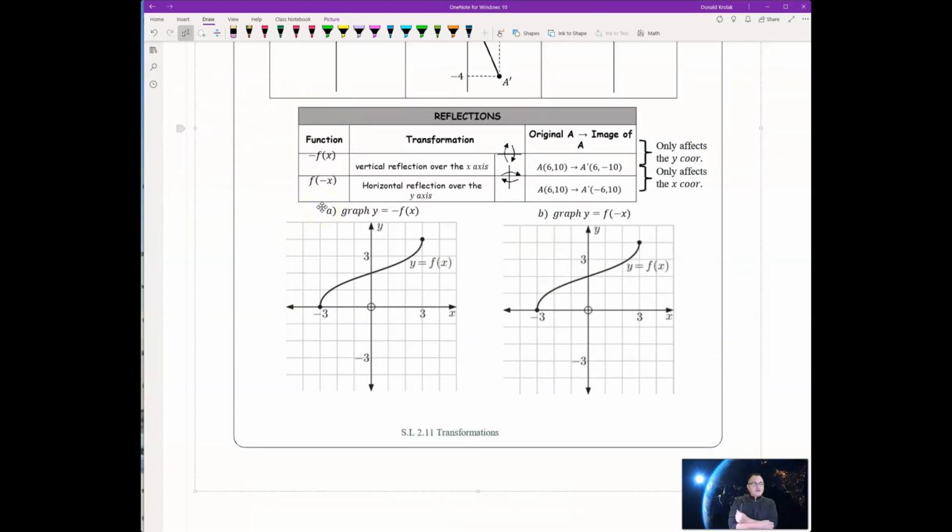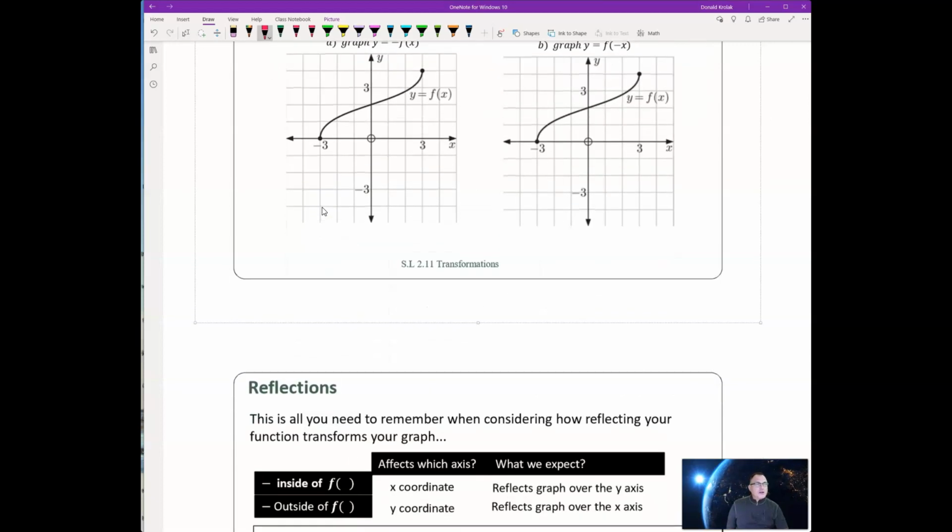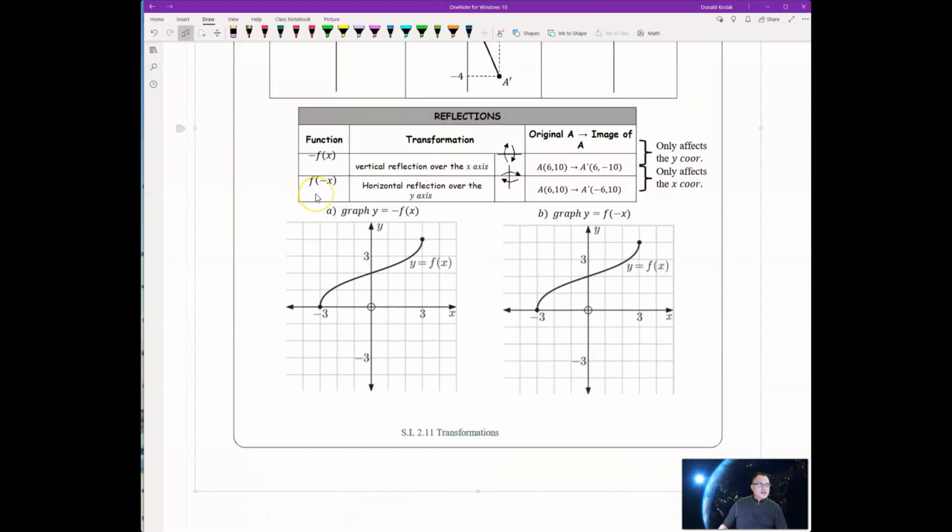So if I was going to reflect the graph, all I'm going to be doing here is taking this graph and taking the x-coordinates or the y-coordinates depending on the flip. So when the negative is outside, we're going to take our y-coordinates and multiply by -1.